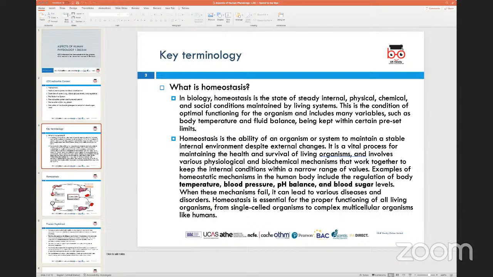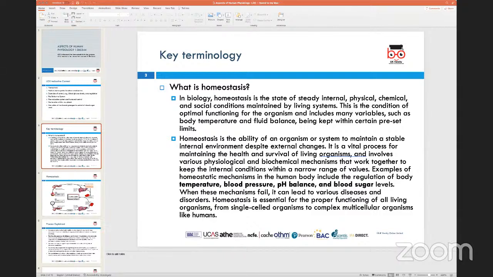These parameters typically include your glucose level, your temperature, your water content, your pH concentration, and other parameters related to iron concentration or the concentration of vitamins or different minerals which are required for cells and organs to function properly.